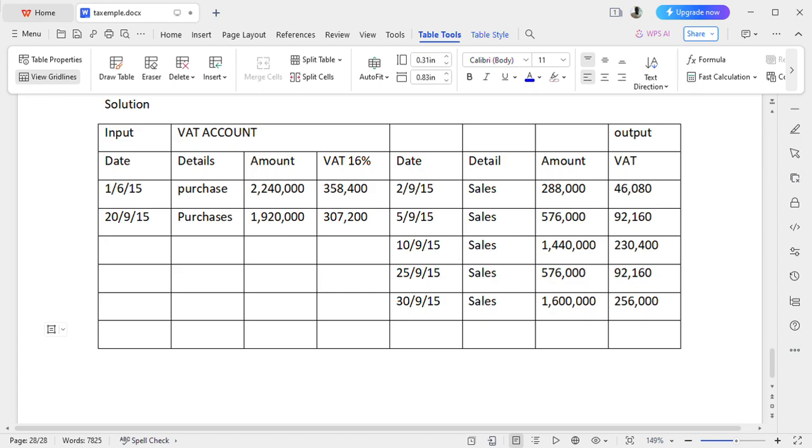You get 716,400. This is the total output tax.